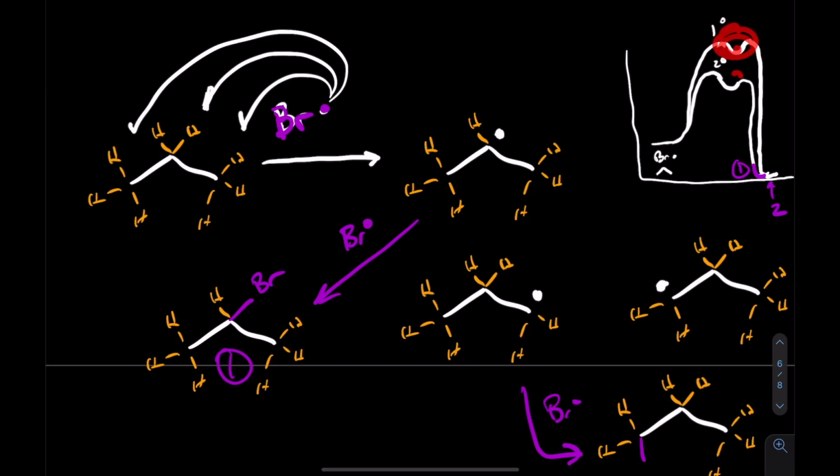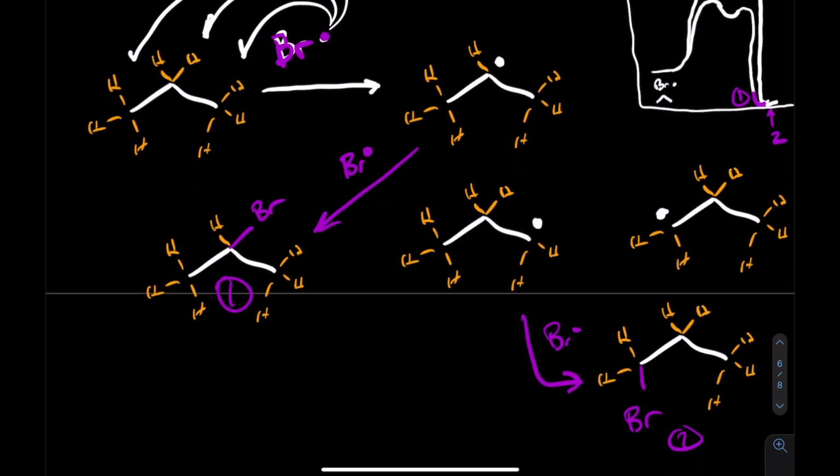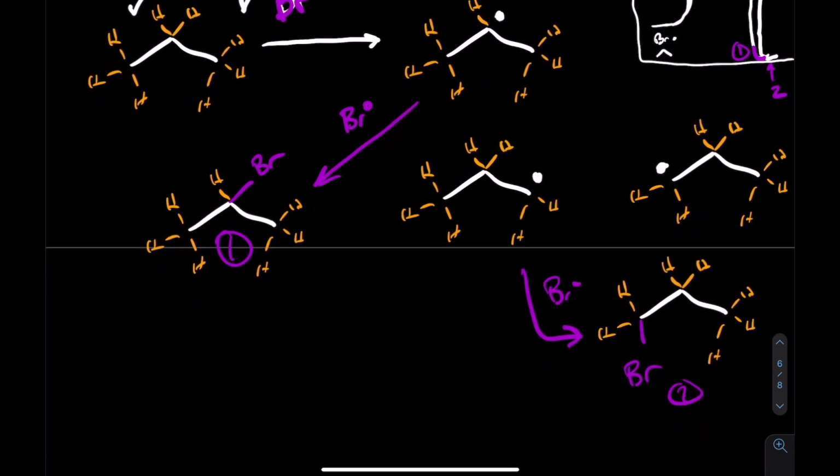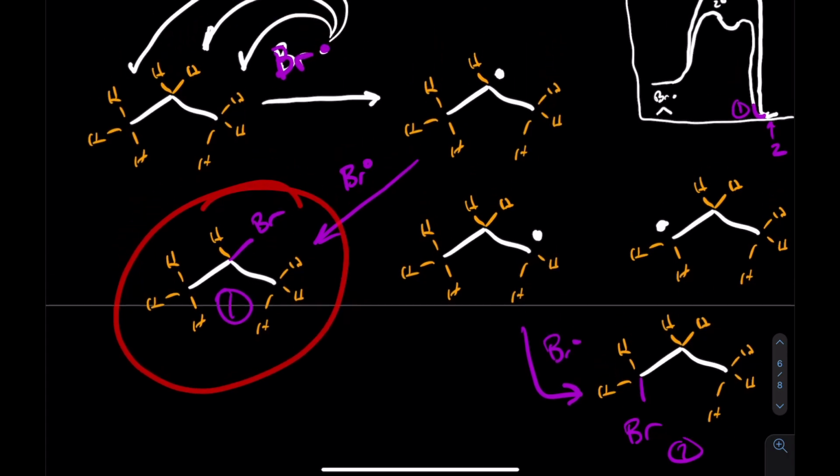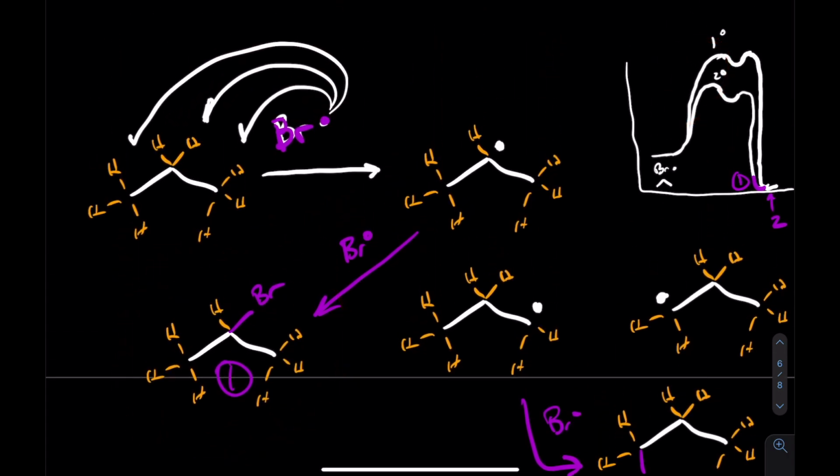The hardest one to form is a radical on the primary carbon. The easiest one to form was a radical on the secondary carbon. That means that your product is going to be predominantly determined based on this, and nothing to do with down here, all right?